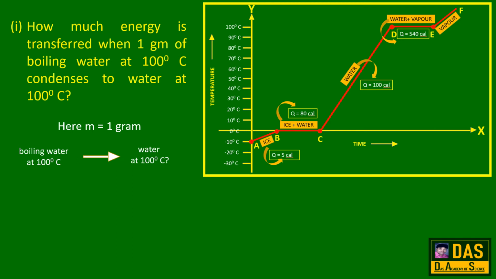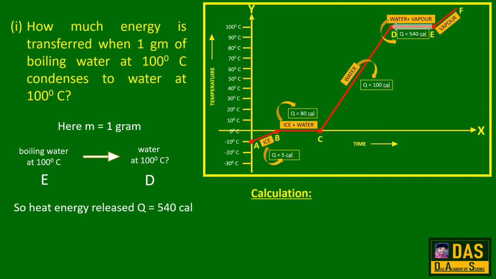From the time-temperature graph, this conversion is from E to D. By previous discussion, we know that if the conversion is from D to E, heat is absorbed, but if the conversion is from E to D, heat is released. And the heat released is 540 calories for 1 gram of water. So here the answer is heat energy released Q equal to 540 calories.